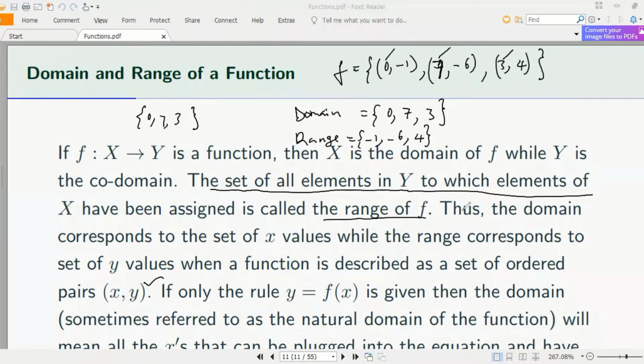The domain corresponds to the set, so I have to put the curly brackets and list the elements inside them. While the range corresponds to the set of Y values. So the range is the set of Y values. I put the brackets and list the Y values, which are -1, -6, 4. So that is the range.